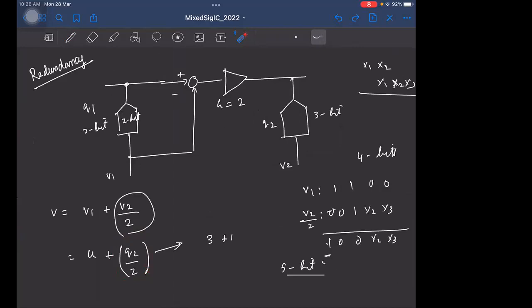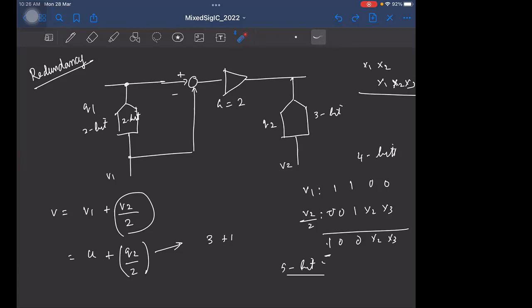I mean, in fact, you'll find it might be slightly less than 4 bits in some cases also, but roughly it will be 4 bits. I mean, the resolution is finally determined by this guy. The quantization noise of the last ADC and the gain you use. Okay. The quantization noise added by this first ADC is of no use because that completely gets cancelled. So the overall resolution is determined only by the last stage and the gains you are using in the previous stages. That's all.